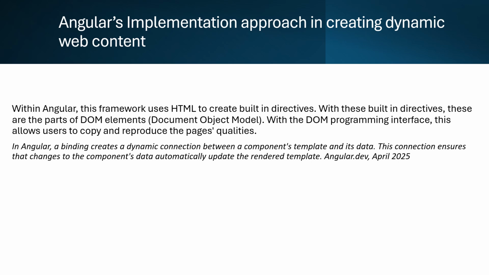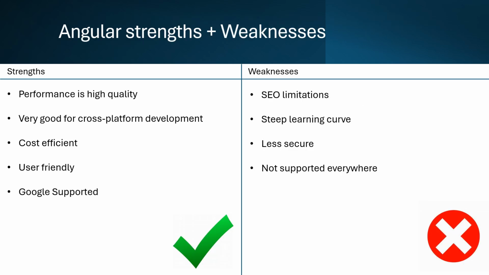So in Angular, a binding creates a dynamic connection between a component's template and its data. This connection ensures that changes to the component's data automatically update the rendered template. Angular.dev, April 2025.